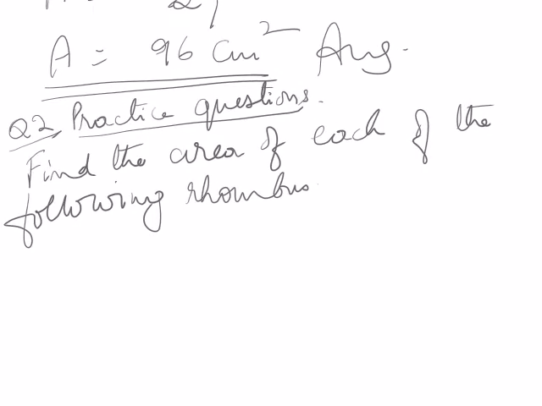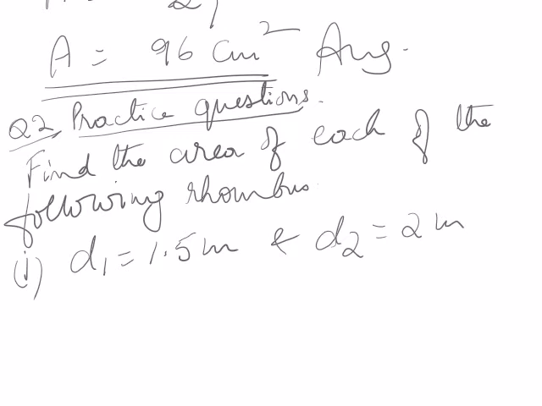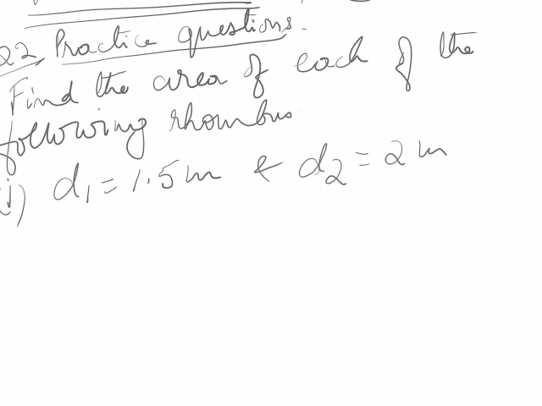First one, D1 is equal to 1.5 meter and D2 is equal to 2 meter. Second, D1 is equal to 3.5 meter and D2 is equal to 4 meter.